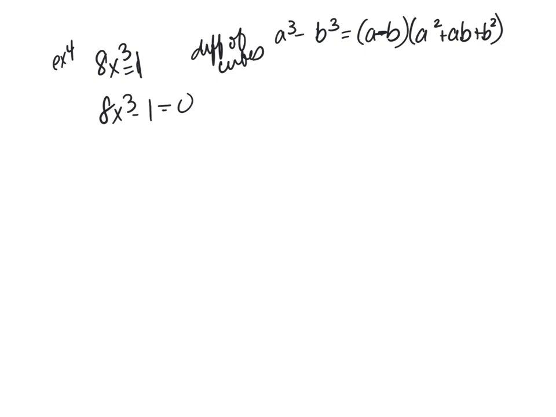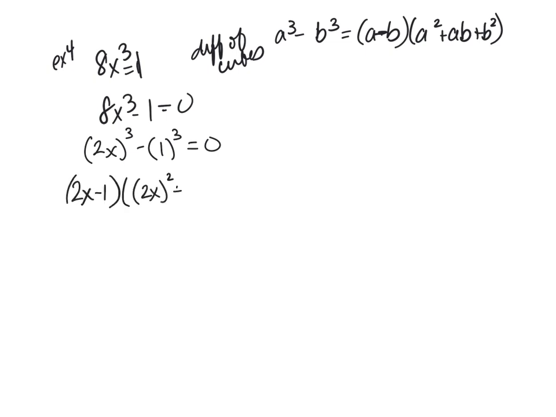And in this case, my a is 2x, so 2x cubed minus 1 cubed. So that's 2x minus 1 times 2x squared plus 2x times 1, a times b, plus 1 squared.